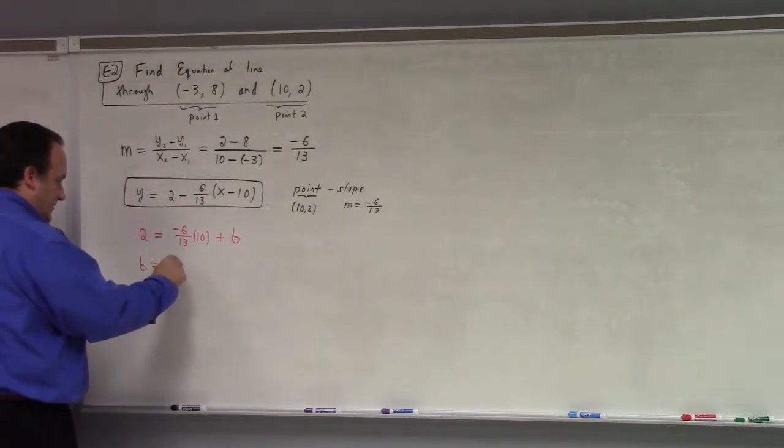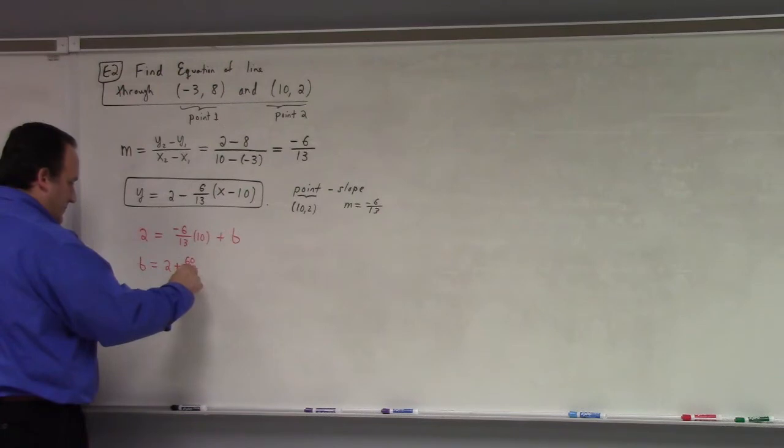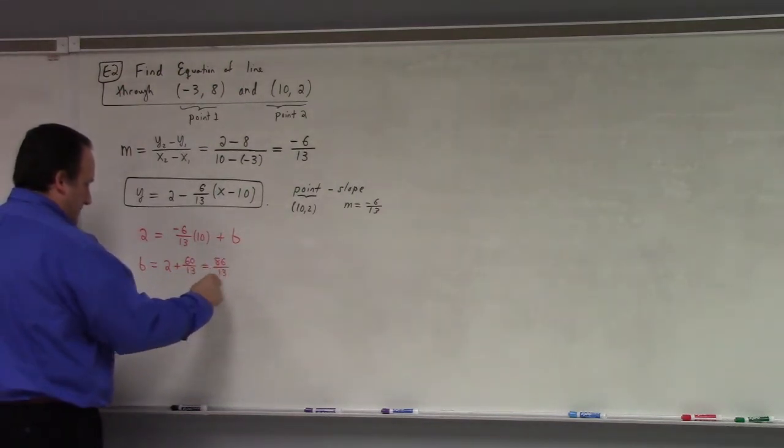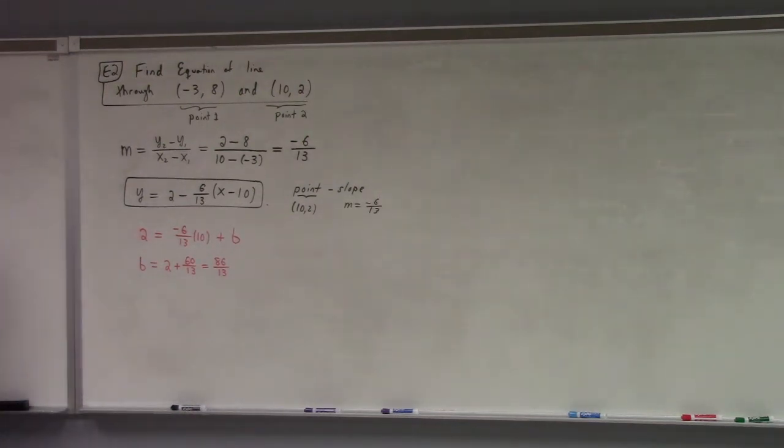2 plus 60 over 13, also known as 86 over 13, I think. With the negative still there? Because it was negative 6 over 13 times 10. Oh yes, but I moved it to the other side of the equation.